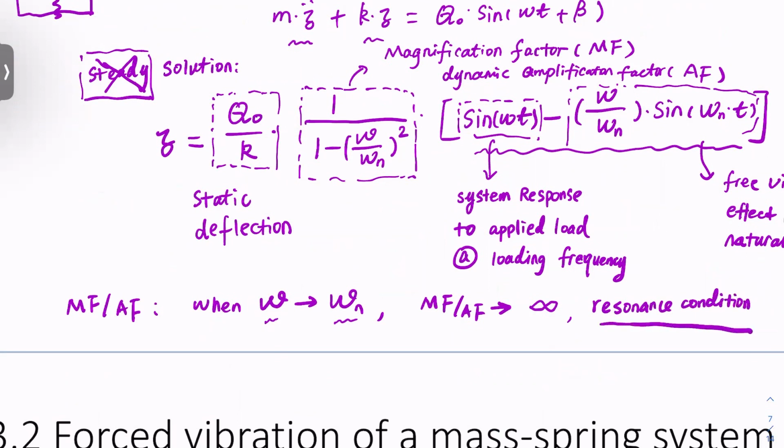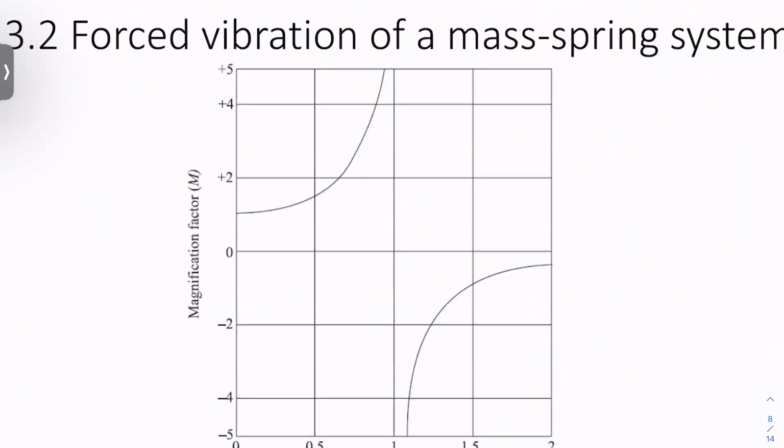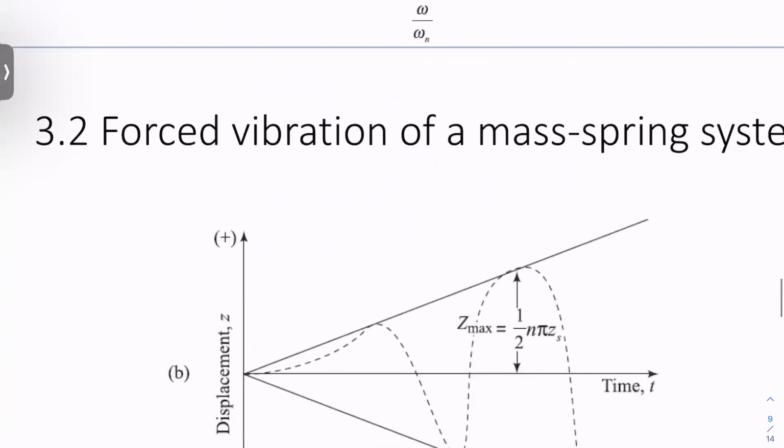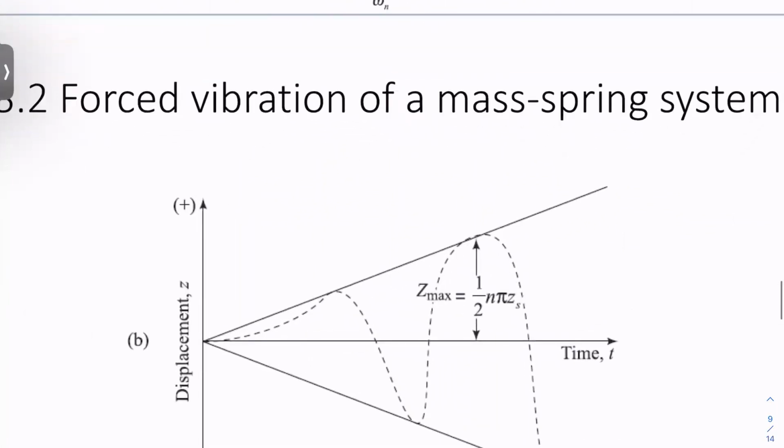A resonance condition. We look at this together because we know this is how it looks for this factor. And for this system, that infinite movement is not achieved just by a few cycles.